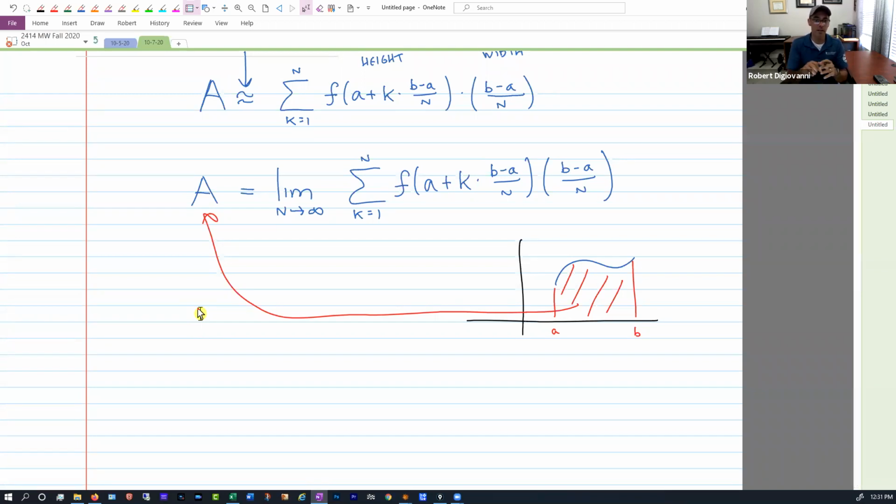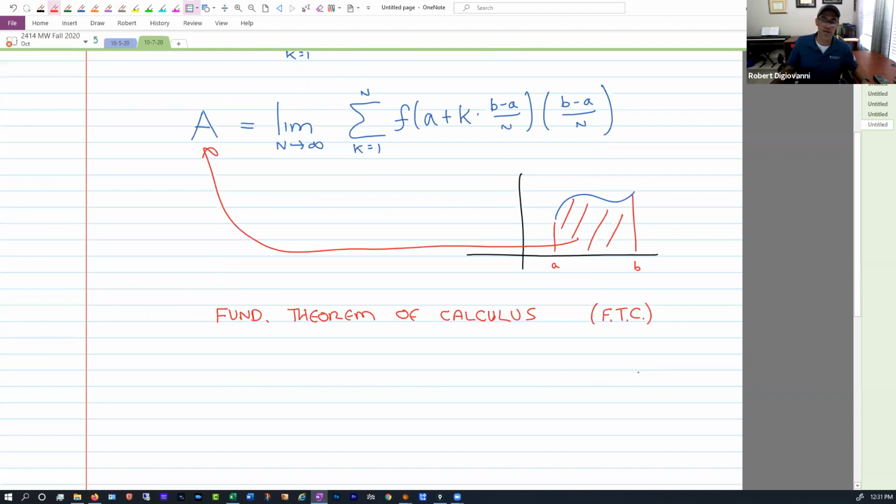After this idea was developed, came what is known as the fundamental theorem of calculus. Most major mathematical subjects have what they call a fundamental theorem, which is a theorem that is just the foundation of that course.